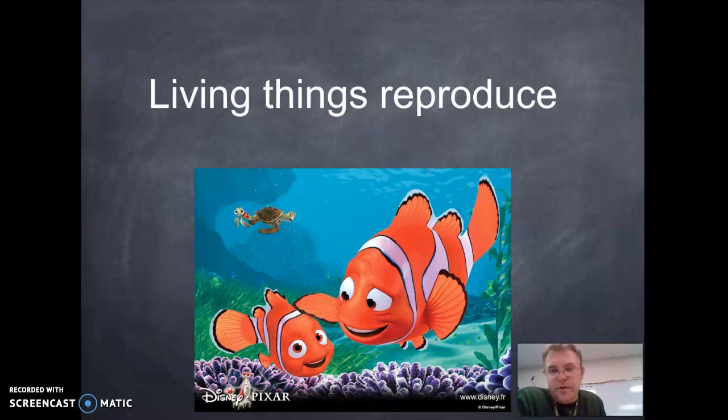They can't reproduce on their own. They have to be inside something to be able to take over and make more of them. So viruses, we don't consider them to be living things, basically because of this characteristic right here. But if you're looking at animals, if you're looking at plants with seeds, if you're looking at a fungus with spores flying around and giving us allergies, right? All of those are methods by which those living things are going to reproduce.